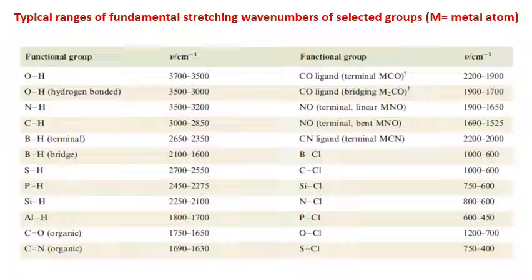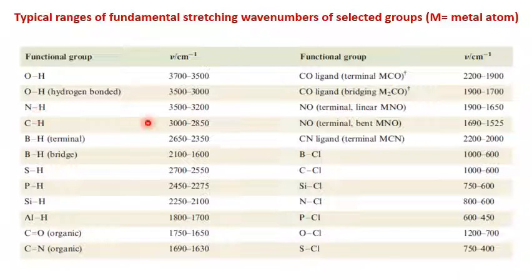So these are some typical ranges of fundamental stretching wave numbers for selected groups. You can see that OH has a stretching frequency of 3500 to 3700 centimeter inverse. If OH is hydrogen bonded, then this value gets reduced to 3000 to 3500 centimeter inverse.